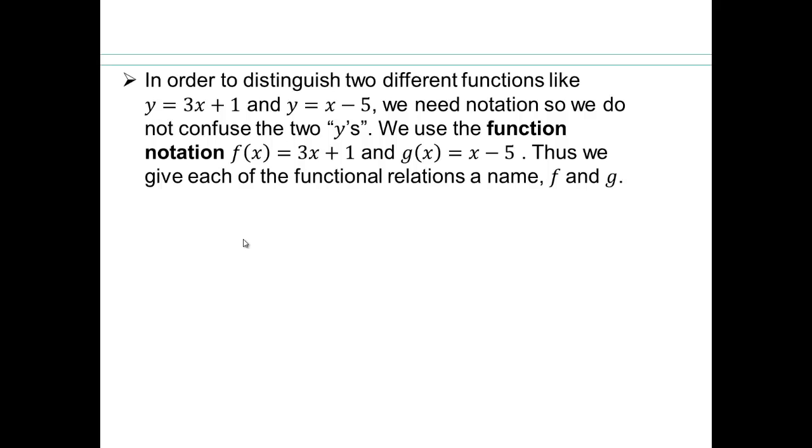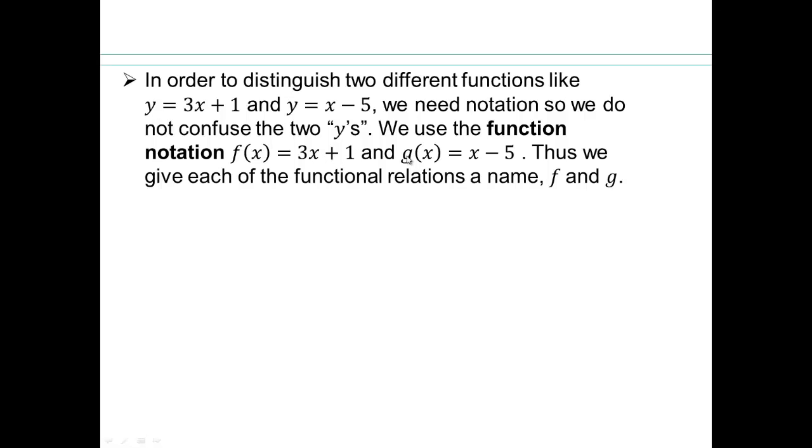In order to distinguish between two functions like y equals 3x plus 1 and y equals x minus 5, how do you know which y you are referring to, this first one or the second one? That is why mathematicians have created a new notation. f is the name of this function, x is the input or the argument, and 3x plus 1 is the output.